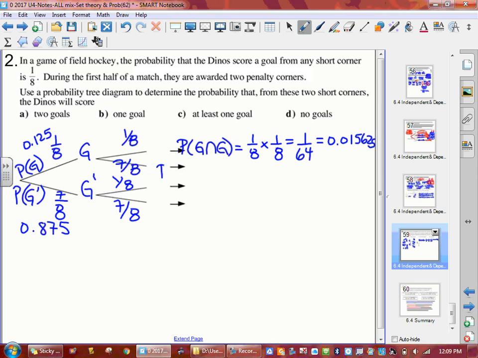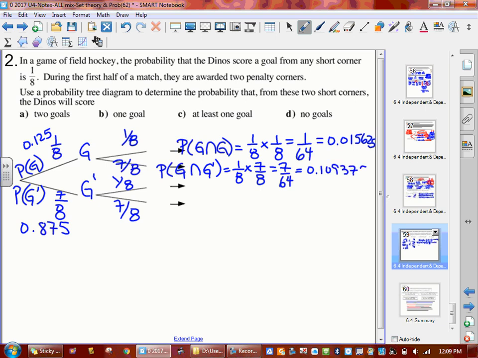And we want probability of a goal and no goal. 1/8 times 7/8 equals 7 in 64, which is 0.109375.